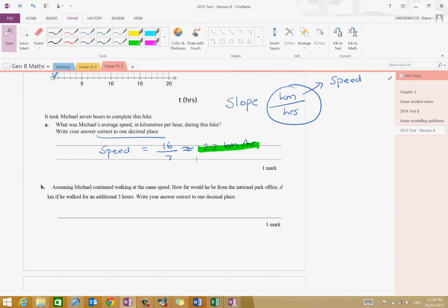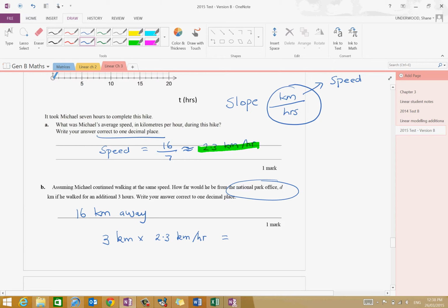Assuming Michael continued to walk at the same speed, how far from the office? Well, how far was he after 7 hours? He was 16 kilometres away. This was poorly done. Now let's think about it. If I had an additional 3 hours at 2.3 kilometres per hour, how many more kilometres is that?